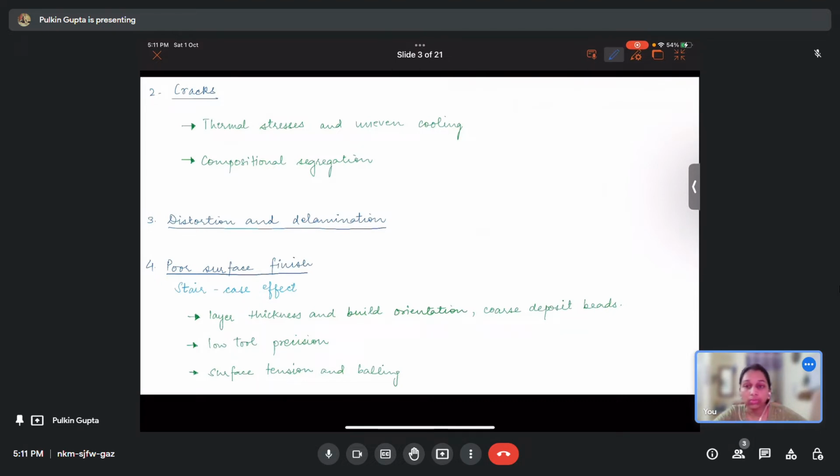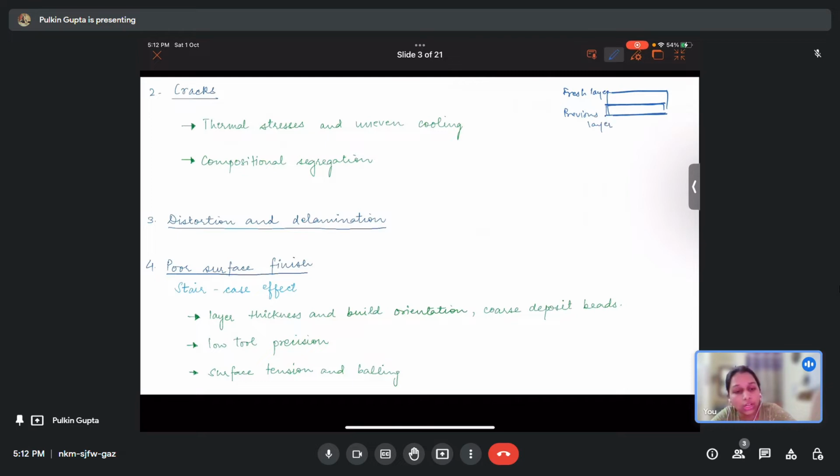Whenever a second layer is being laid over the first layer, there are some compressive and tensile stresses. Suppose this is your object. This was your previously deposited layer, and this is your fresh layer.